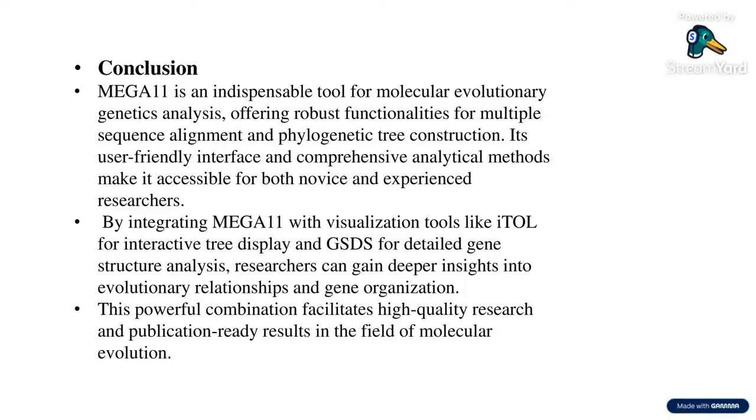If we talk about which one is preferred, Mega 11 or Mega 12: Mega 11 is ideal for teaching or learning environments, like students and small researcher projects. It suits researchers doing basic to intermediate phylogenetic analysis for small datasets, maybe 100 to 1000 sequences.